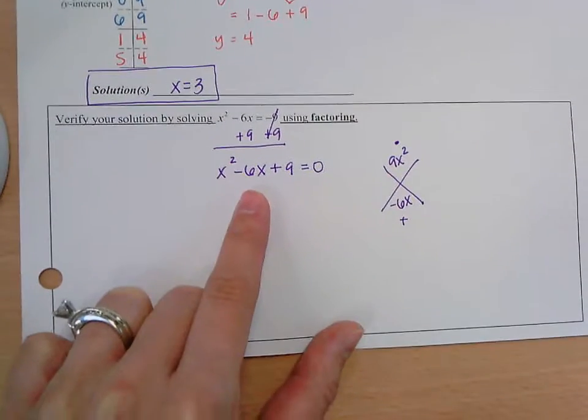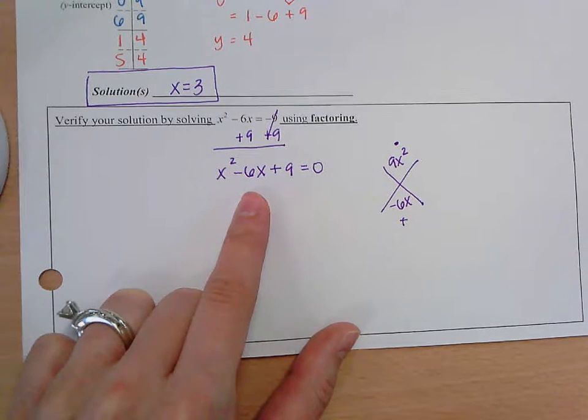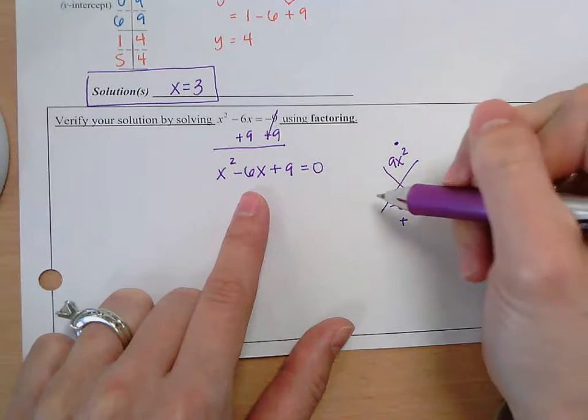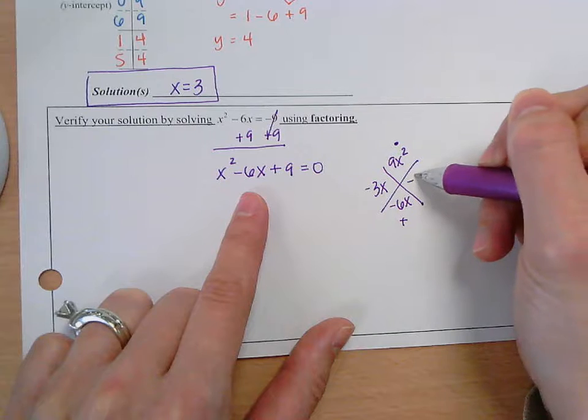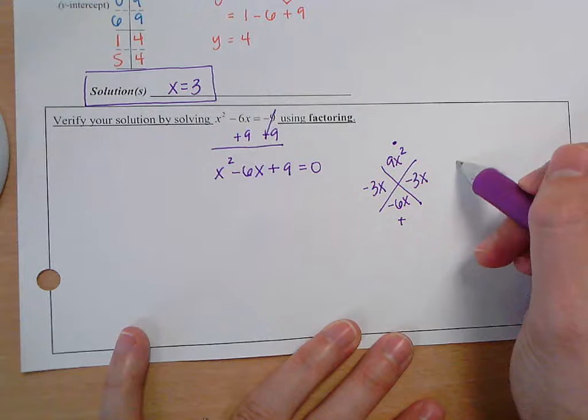So I need 2 numbers that multiply to positive 9, but add to negative 6. Nick? Yep, negative 3x and negative 3x. Negative 3 times negative 3 is positive 9. Negative 3 plus negative 3 is negative 6.